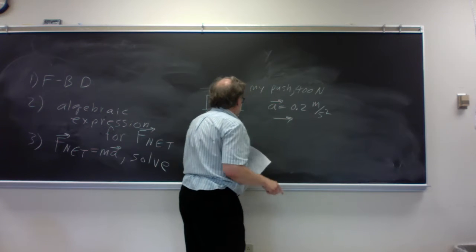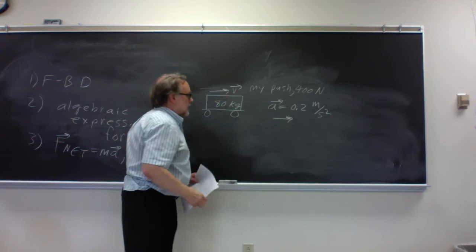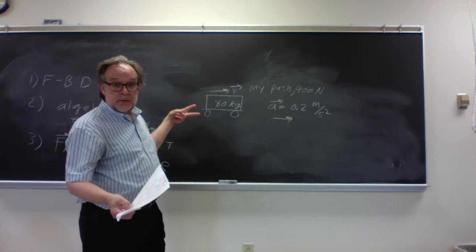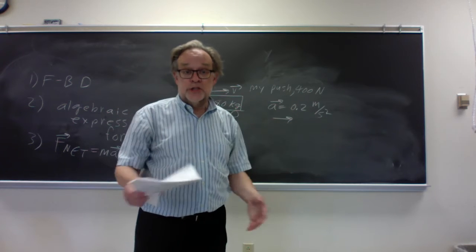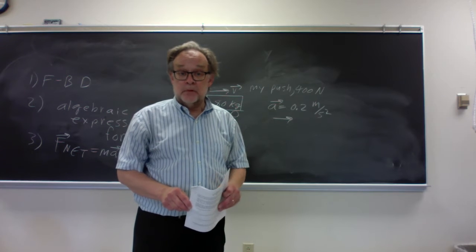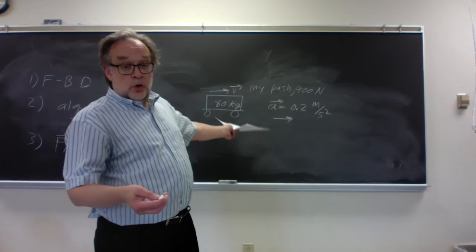And I'm pushing this way in the direction of motion. And since I'm speeding up, we know that acceleration points in the same direction as velocity. Acceleration points in the same direction as velocity whenever something is speeding up.